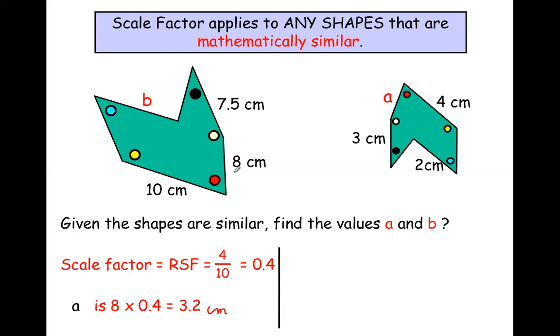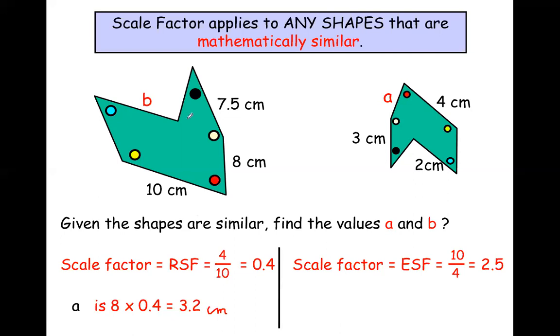And to find B, this time we're going to look for the opposite of reducing, the enlargement scaling factor, which is the opposite of 4 divided by 10, is 10 divided by 4, or 5/2, 2.5. 10 divided by 4, which is 2.5.